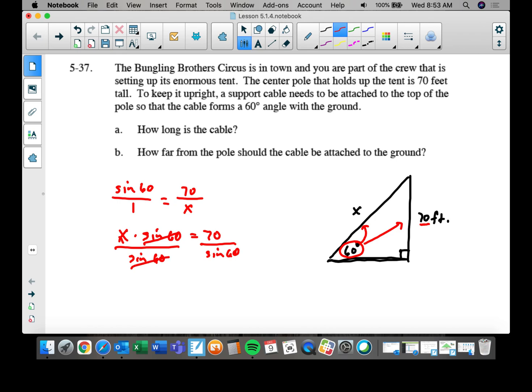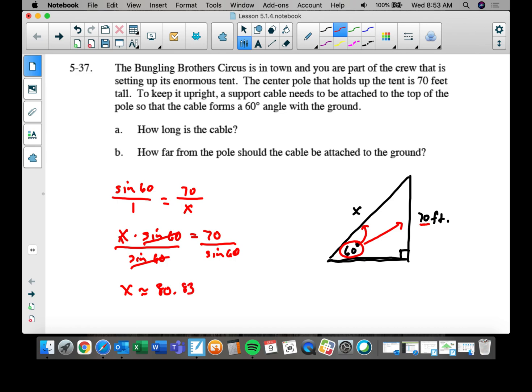Those will cancel out. X now is by itself, and now I can grab the calculator and type this in. So 70 divided by the sine of 60 degrees equals approximately 80.829, so that's closer to 80.83.